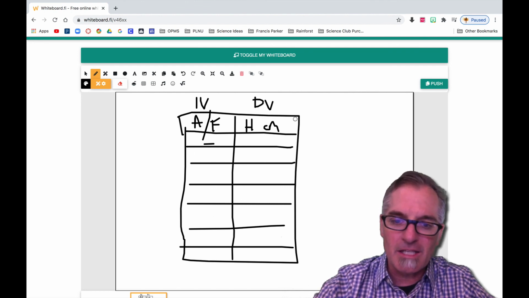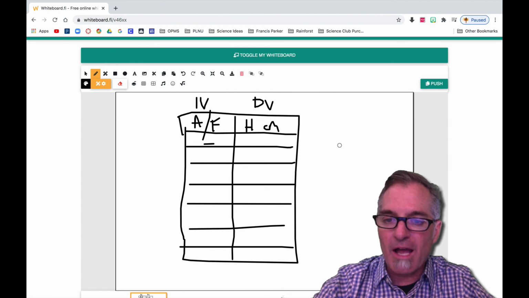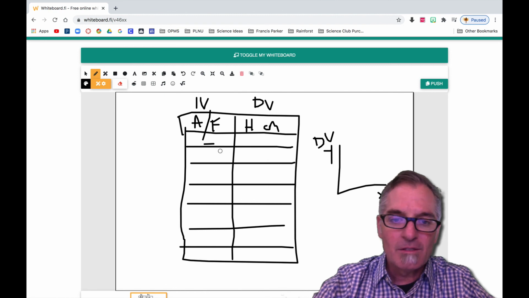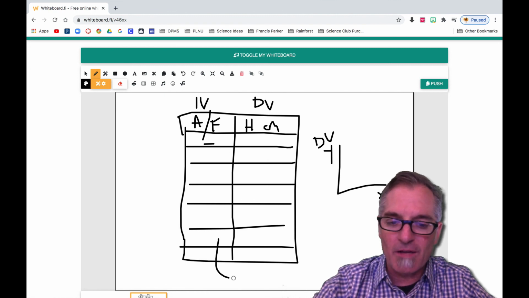Again, if you take this table and turn it into a graph, your independent variable is going to be here on the X, and your dependent variable is going to be on the Y. So as you graph it, these numbers would go here, and these numbers would go right here.